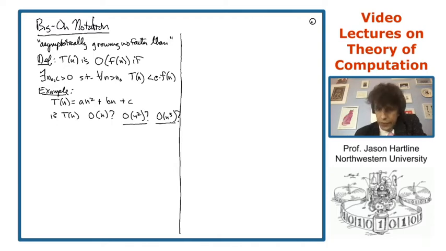Great. So the first thing I want to do is make the left-hand side of my equation bigger by replacing b times n and c with b times n squared and c times n squared.